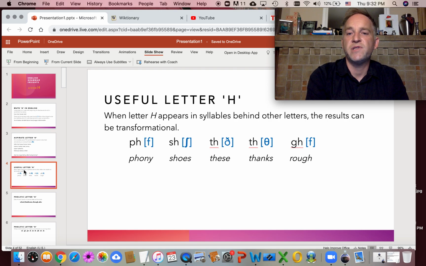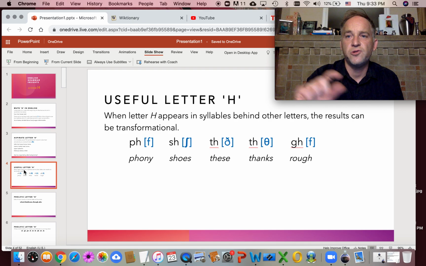So again, the blue symbols are the phonetic symbols from the International Phonetic Alphabet, and they symbolize the sounds that these letter combinations make. These specific letter combinations are called digraphs because it's 2 letters written to represent one phoneme or one sound.